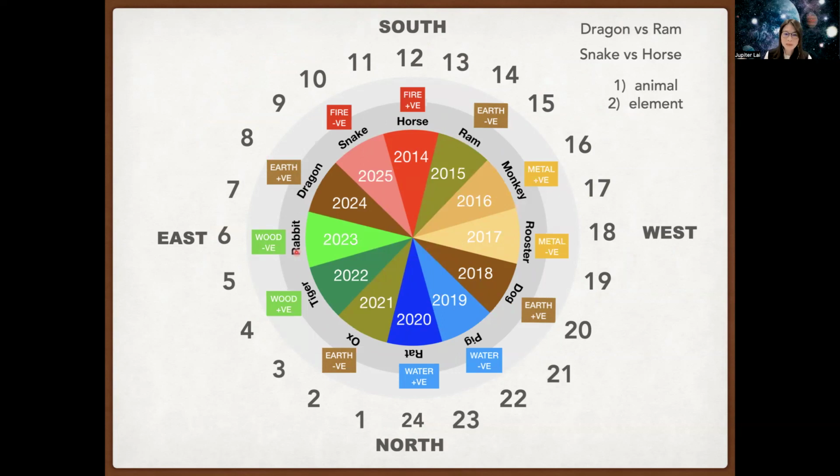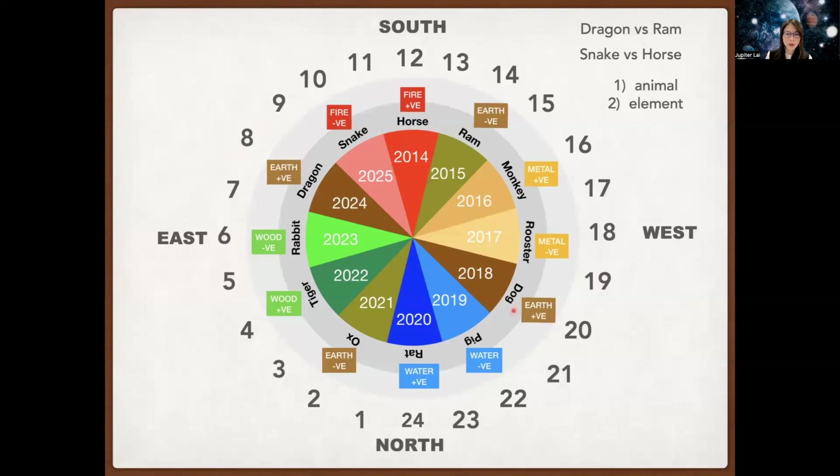And for each element, there is yin and yang, so it is like positive wood or negative wood. For example, the rabbit hour is negative wood, the dragon hour is positive earth, and the snake hour is negative fire.